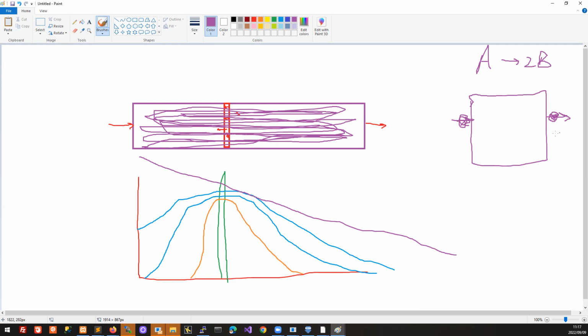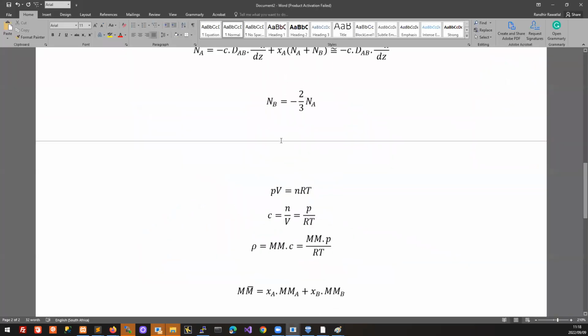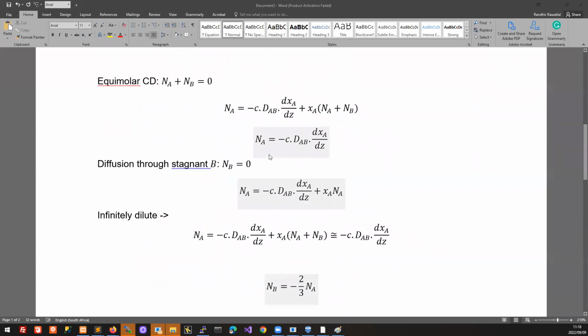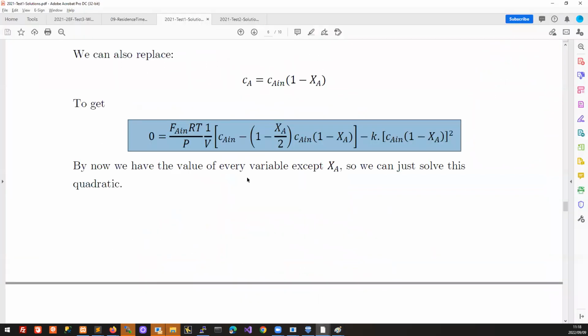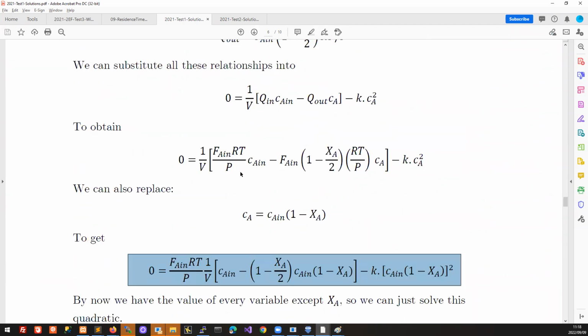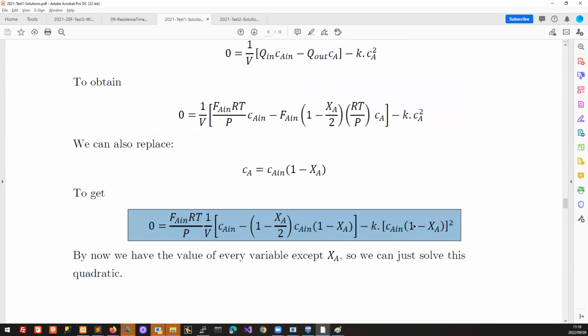So in a gas, the density can change with reaction, and so your volumetric flow rate can change. And that complicates our attempt to write the material balance here. But because we can work out the volumetric flow rate in terms of the conversion, then we can still insert that into our material balance and solve that equation.